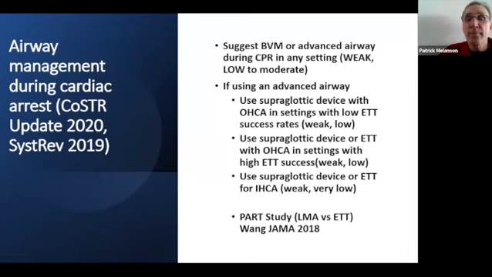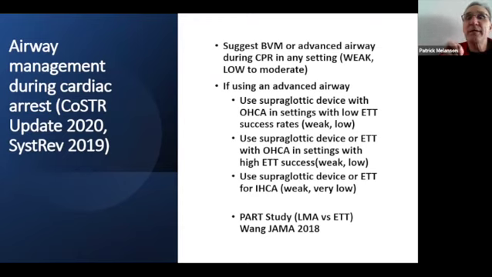So the PART study, which was published in 2018, again with paramedics, and it was just LMAs versus endotracheal tube, had a signal at least to improved ROSC and maybe some improved survival, although it didn't reach significance at that point, in paramedic systems and patients who got LMAs as opposed to endotracheal tubes.